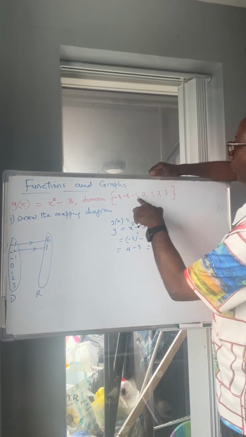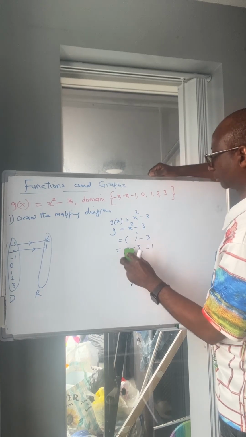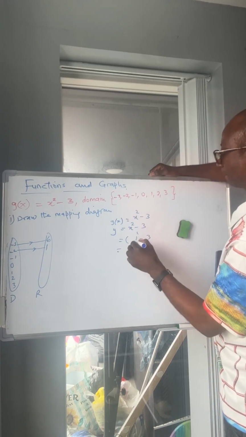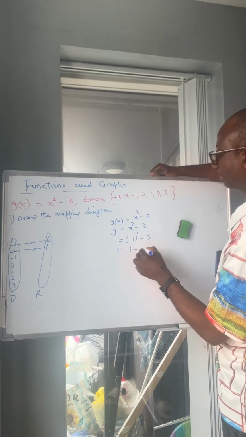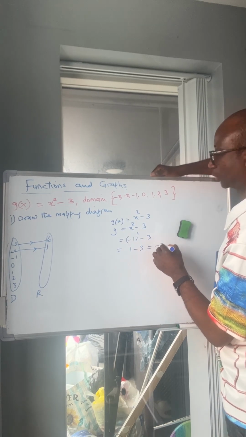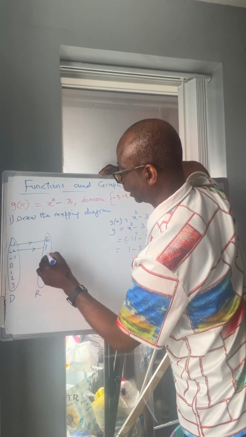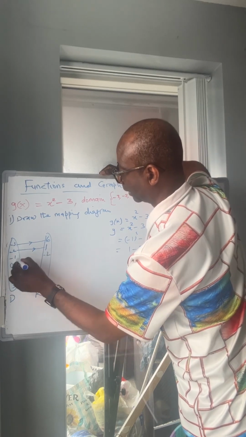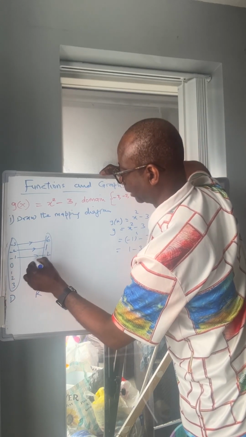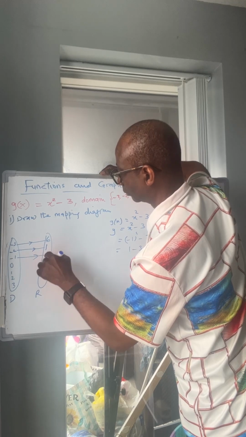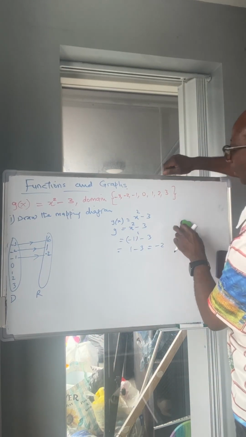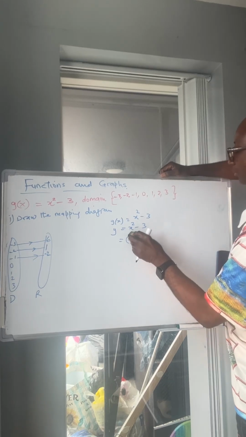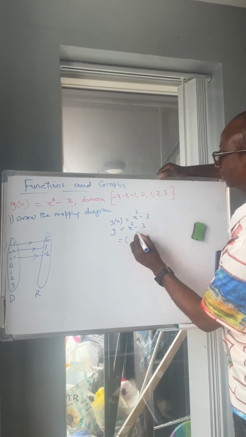What now if you have minus 1? Minus 1 times minus 1 is just 1. So 1 minus 3 gives you minus 2. Minus 1 maps to minus 2. Keep following the rule.